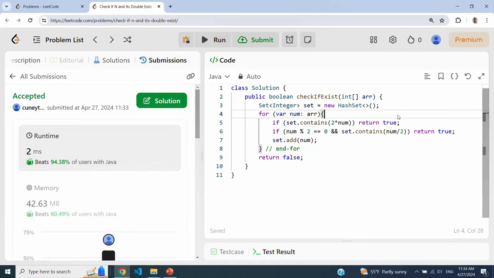So n log n time sorting, and then n log n time processing. So that could also be another solution. But our goal in this lecture is to show you how to make use of a hash set to solve these kinds of problems in expected order n amount of time.